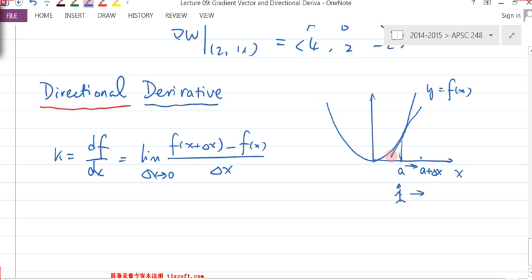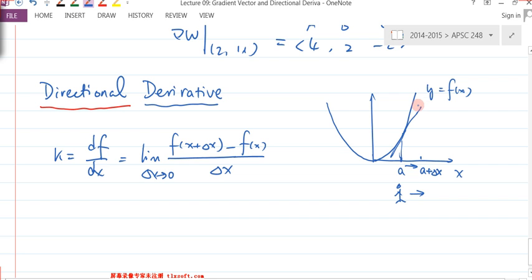It's a positive value. Now, the other way around: if you're not walking in that direction, if you're going in this direction here, well, hang on a second. Let's say you're walking this direction. The slope is positive.